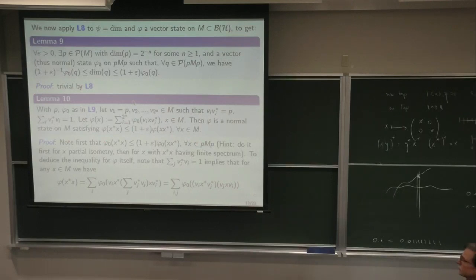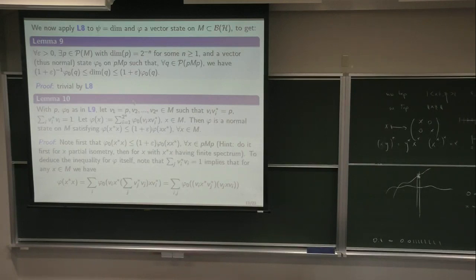First of all, note that you do have the property for x in P M P. How do you do that? You do it first for x a partial isometry. That's then trivial because it amounts to the properties here. Whenever you have projections that are equivalent, you have the passage with 1 plus epsilon.